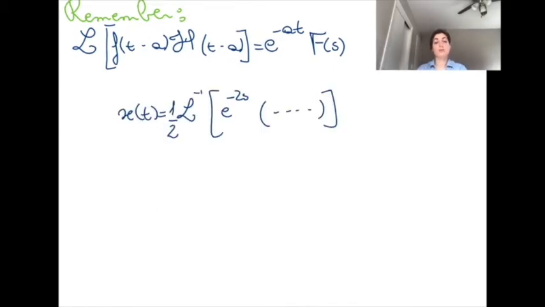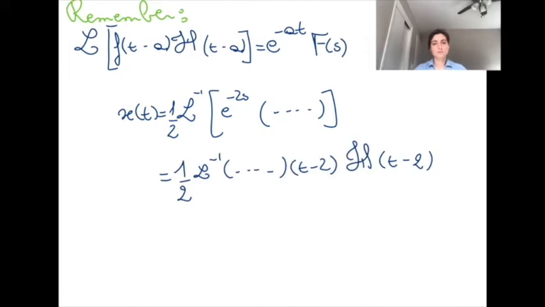That means that when we're going back using the inverse Laplace, if we have an exponential of some form, we can just apply it as the Heaviside function and the shift. So we're going to have that the inverse Laplace of e to the minus 2s times something is equal to the inverse Laplace of that something calculated at t minus 2 times the Heaviside function at t minus 2.